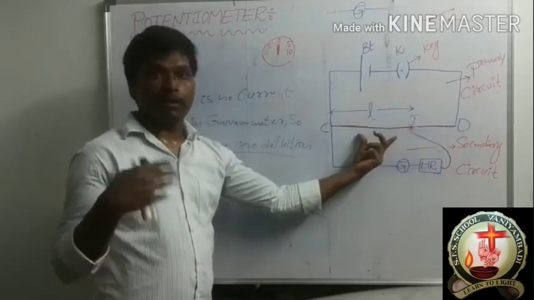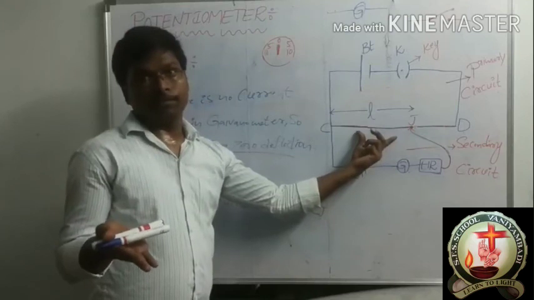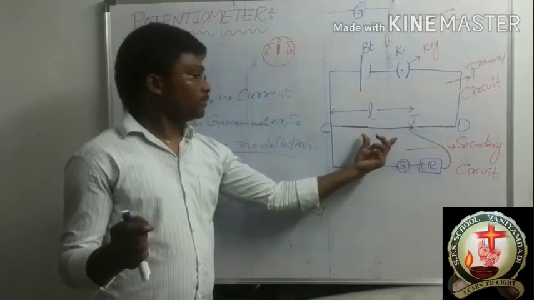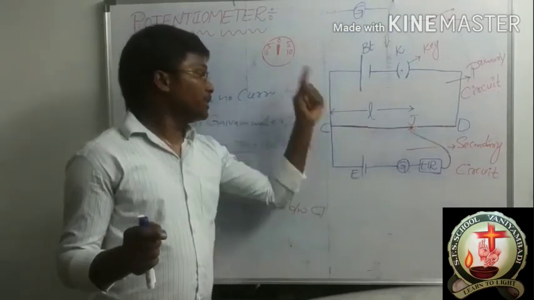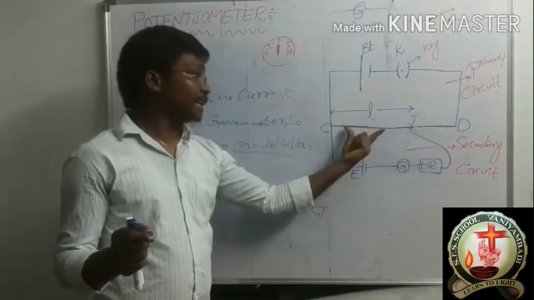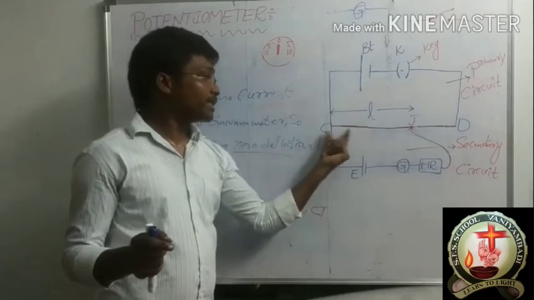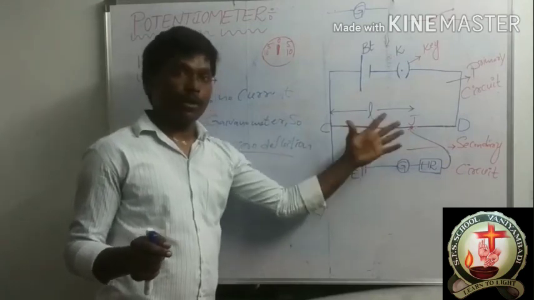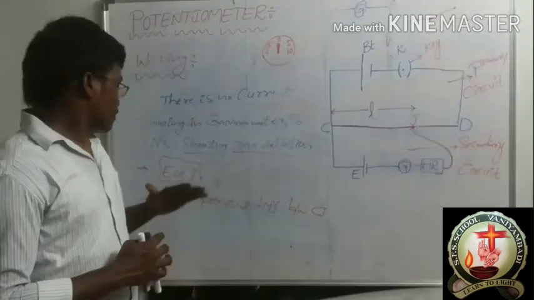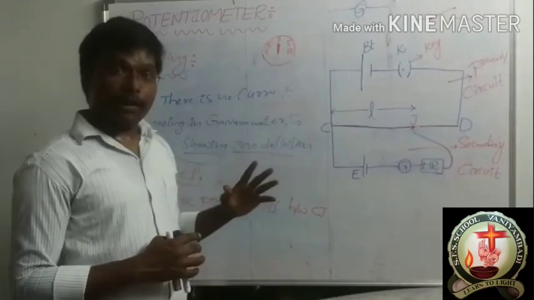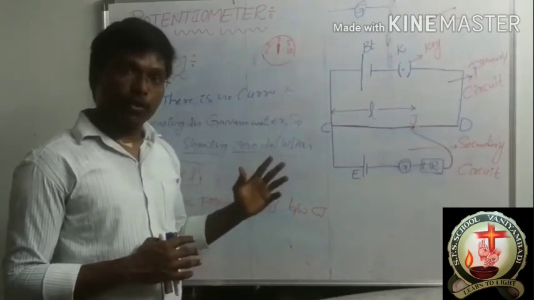Potential difference means voltage difference. So whenever it is showing zero deflection, the EMF of the cell is directly proportional to the potential difference between the points C and D. This is the working of the potentiometer.